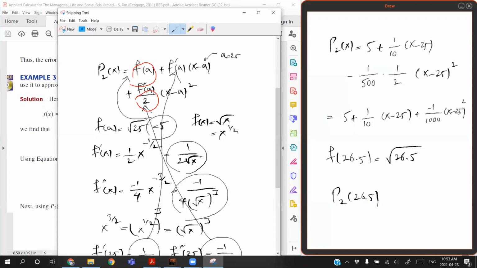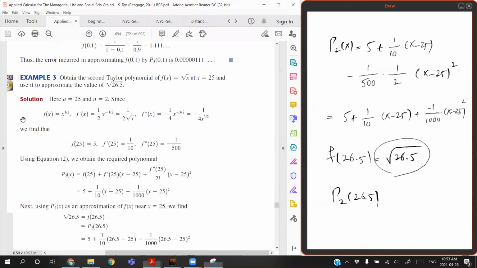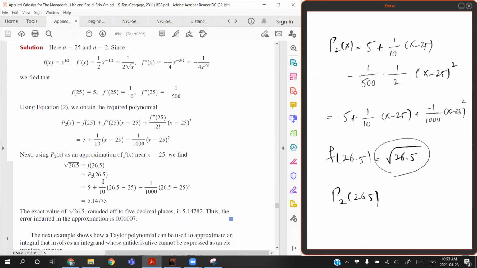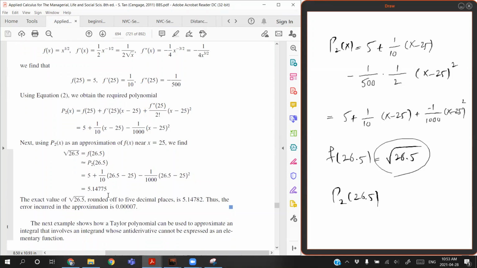I will get an approximation for this, just using a polynomial, which is going to be easier to work with. So imagine you have a basic calculator, you can multiply or you can add up, but you cannot take root. Then you can use this formula, just plug in 26.5 into this, and you will get an approximation for what root 26.5 is.